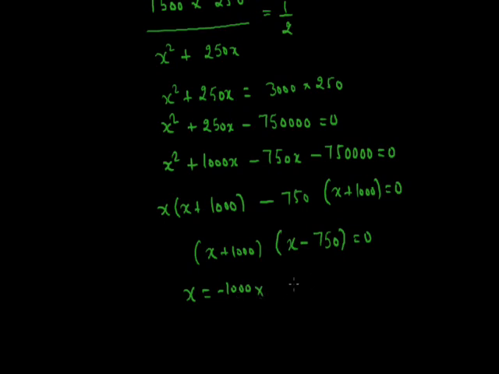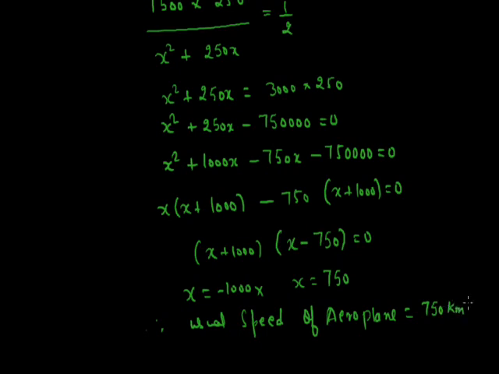So speed cannot be negative, so it will be eliminated, and x equal to 750. Therefore the usual speed of the aeroplane is 750 km per hour.